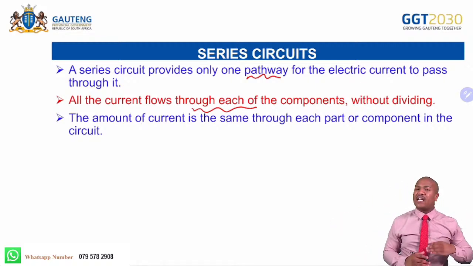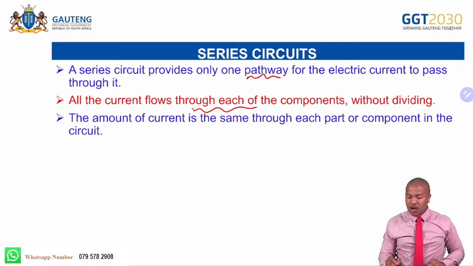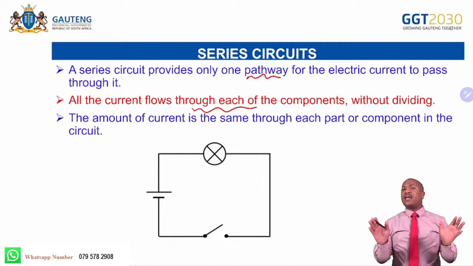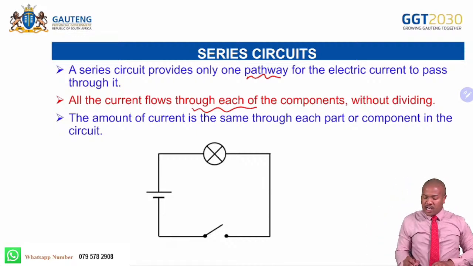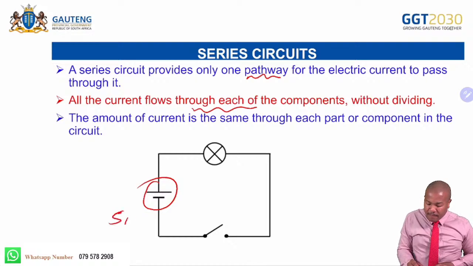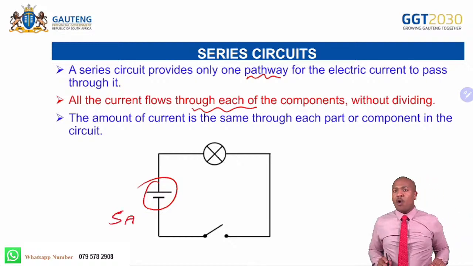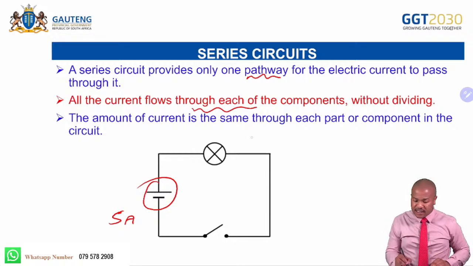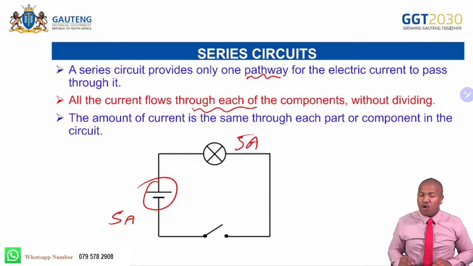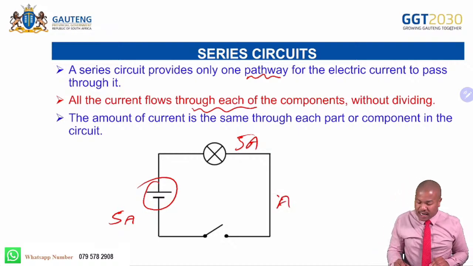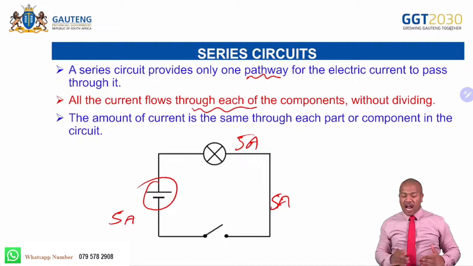The amount of current is the same through each part or component in the circuit. What do I mean when I say the current is the same? Meaning from the source of electricity, if you have 5 amperes of current, you're going to find 5 amperes along the bulb. You're going to find 5 amperes of current along this wire. So it's the same throughout.